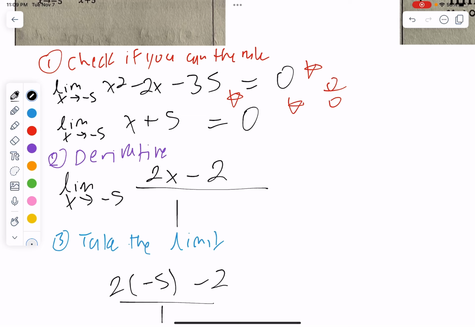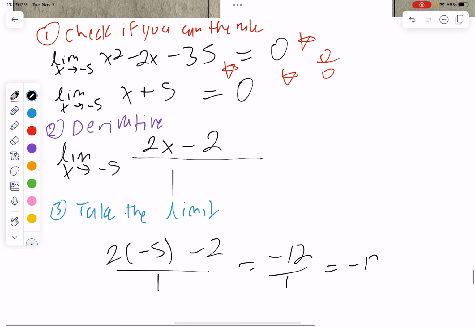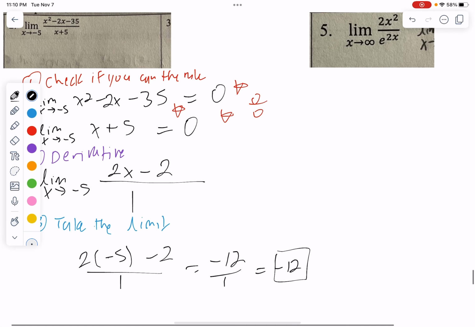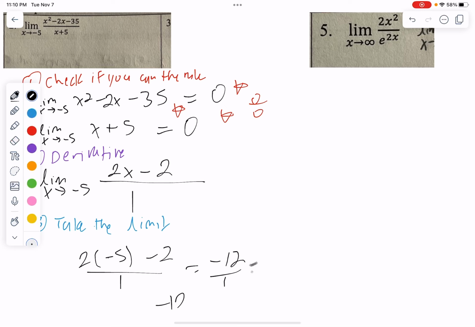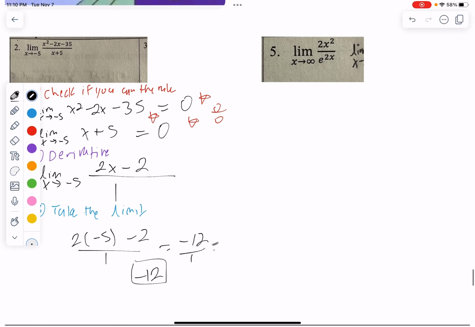Perfect. Now it gives you negative 12 over 1, which is just negative 12. Cool beans, and there's the answer. Equals negative 12.